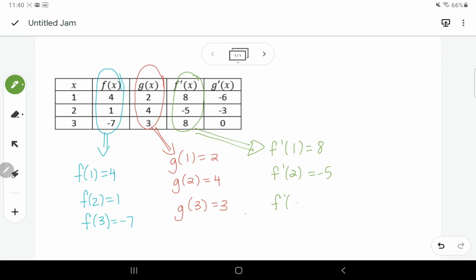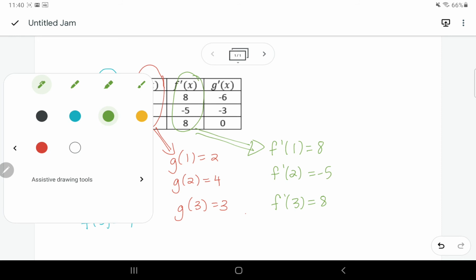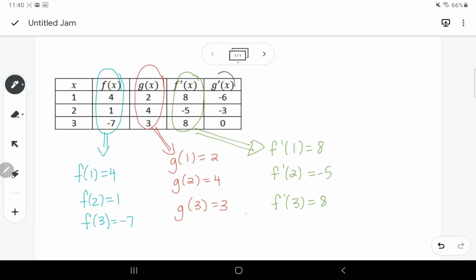And the derivative f prime at 3 would be 8. And the last one, of course, would be g prime at x. So you have information that g prime at 1 is -6, g prime at 2 is -3, and g prime at 3 equals 0.